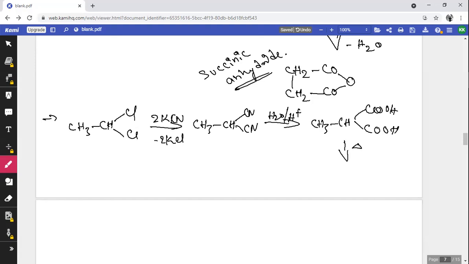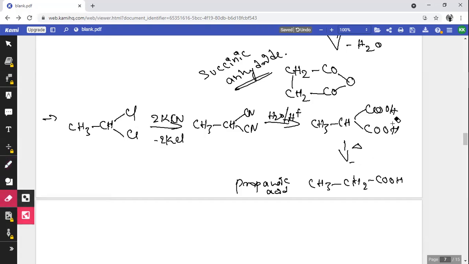So this on heating, sorry, if we consider gem dihalides on heating, it loses carbon dioxide, not the water molecule, and gives carboxylic acid, that is CH3CH2COOH, propanoic acid.